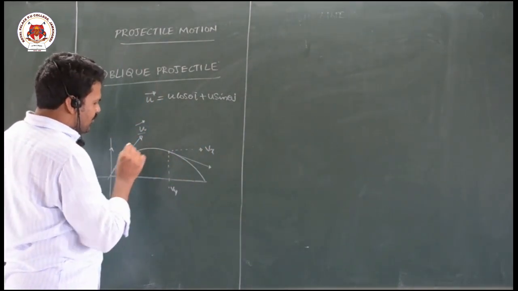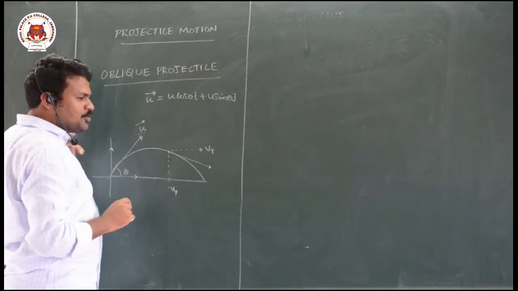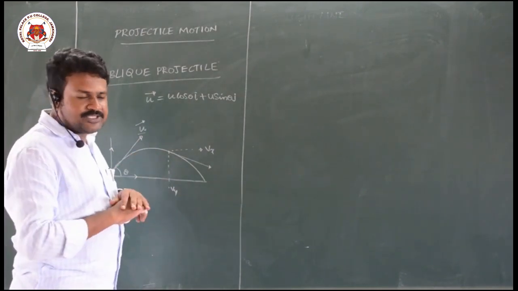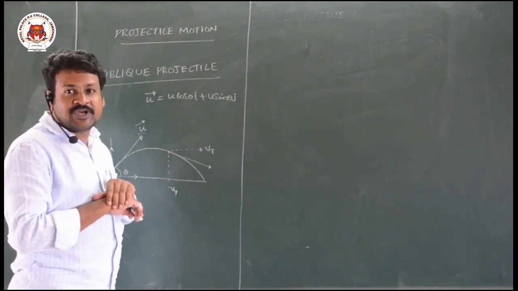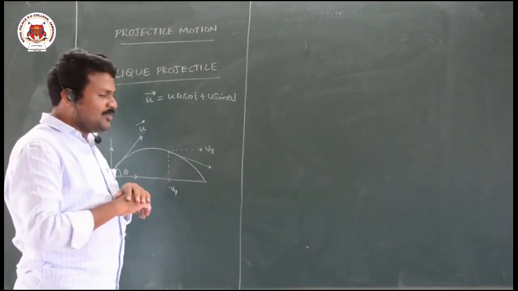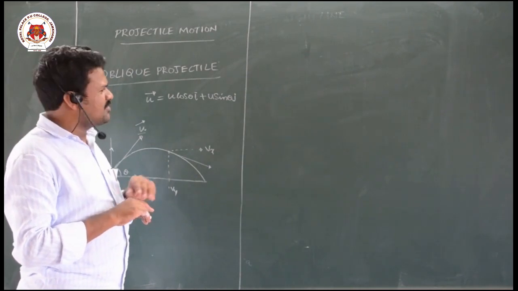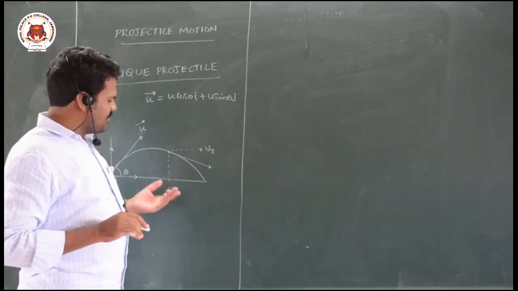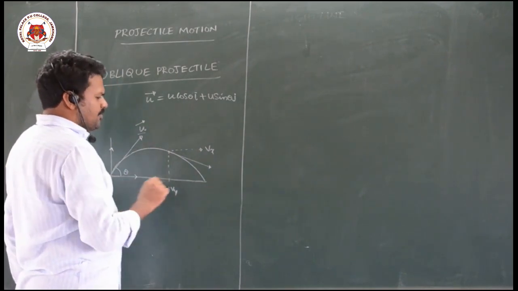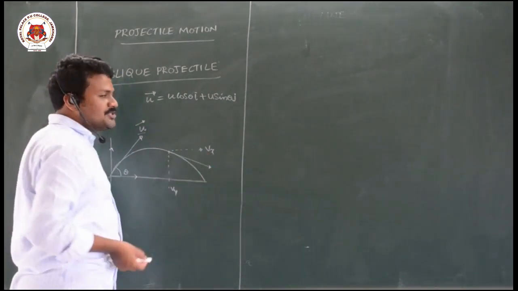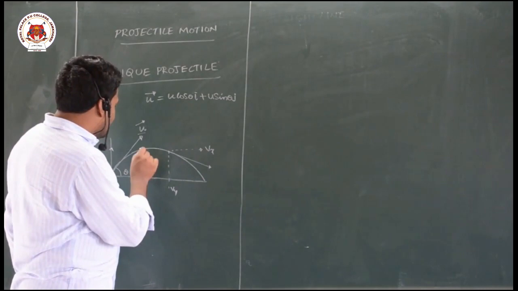At each and every point, the particle will have two displacements and two velocities, along x as well as y. Here I am taking vertical motion as the y axis and horizontal motion as the x axis. Some people will take it as k also, but I am taking i and j. So at every point the body will have two velocities and cover two displacements.